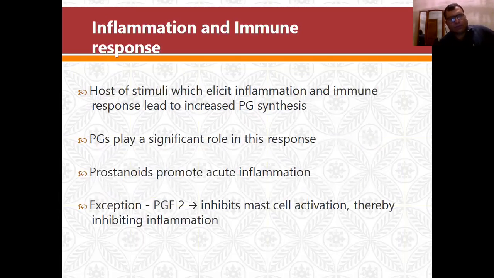Inflammation and immune response: a host of stimuli which elicit inflammation and immune response lead to increased prostaglandin synthesis. Prostaglandins play a significant role in this response. Prostaglandins promote acute inflammation. Exception: prostaglandin E2 inhibits mast cell activation, thereby inhibiting inflammation.